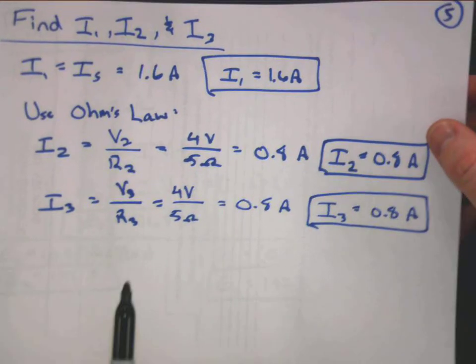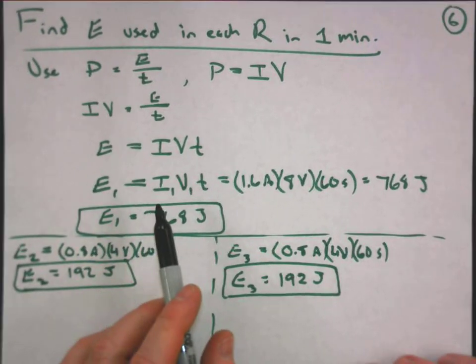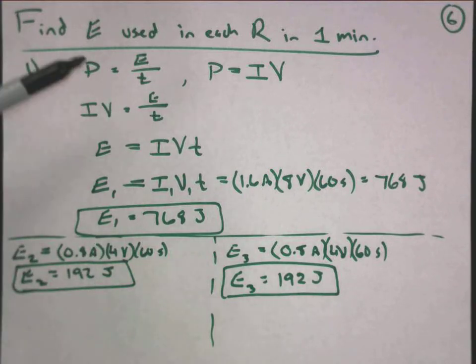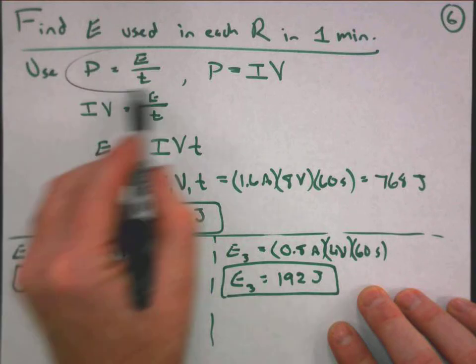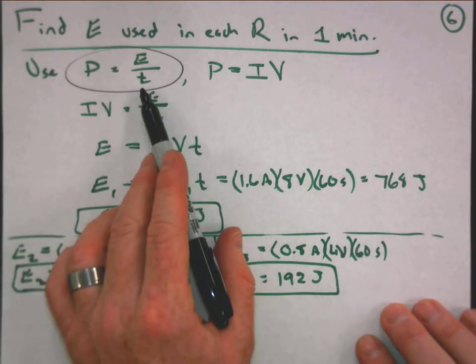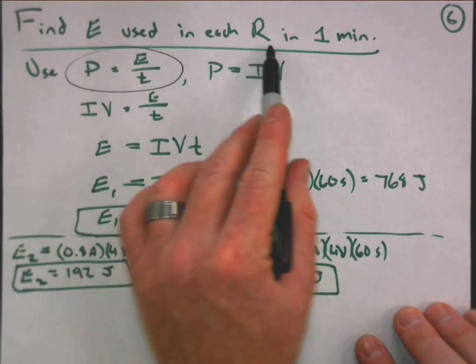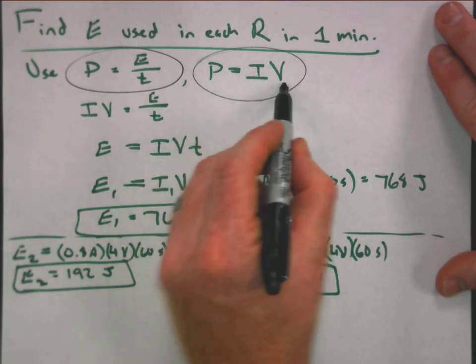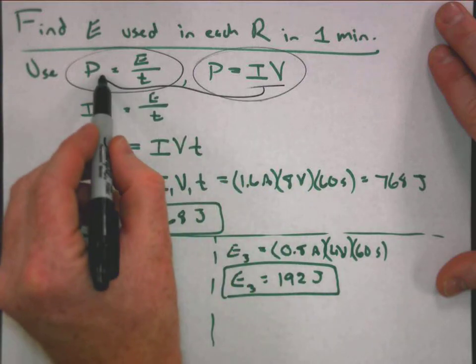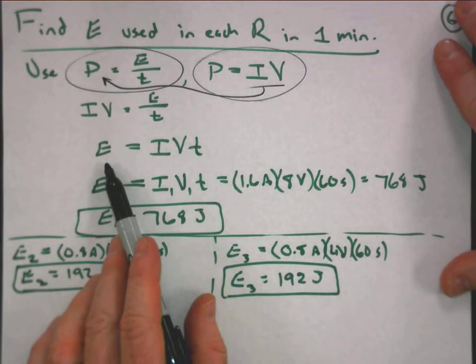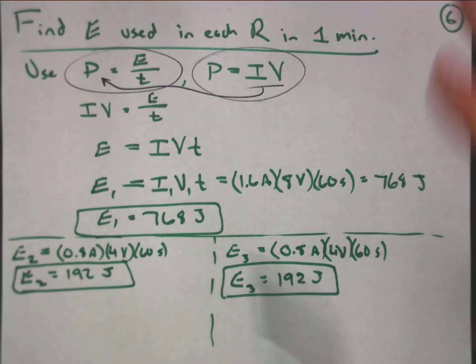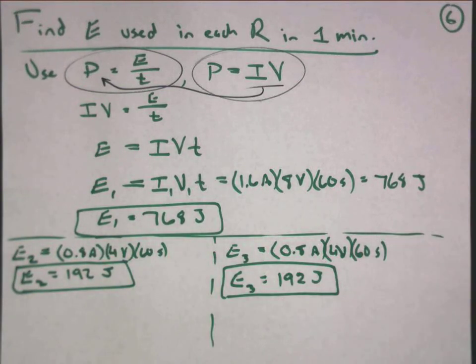You find the individual currents, and finally we had to look at the energy used in each of those individual resistors. So I had to look at the power relationship generally, but also the power relationship for circuits specifically, and I did a quick substitution into P, and I got my energy, and I knew all those values. I got the answers measured in joules. Awesome. That's how you analyze a circuit, ladies and gentlemen. Thanks for watching. I'll catch you next time.